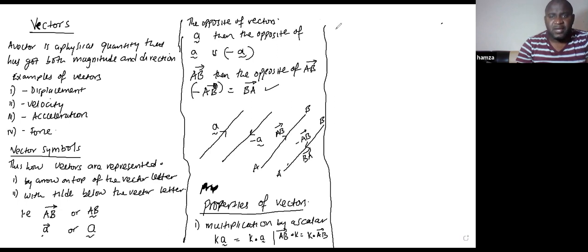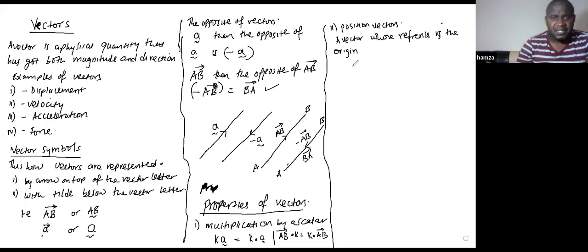Then the second one we can talk about is what we call position vectors. And this one we can say is a vector whose reference is the origin, meaning it's a vector that starts from the origin.